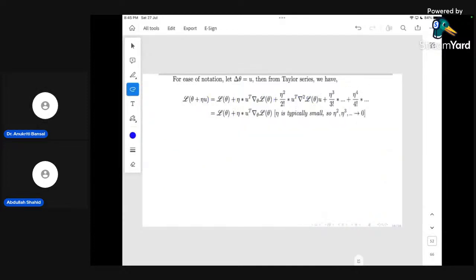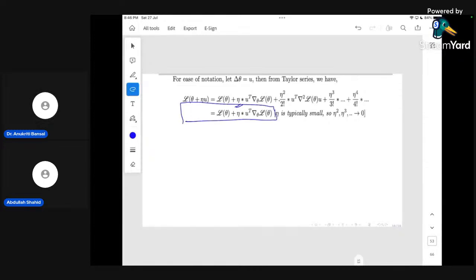So eta square, eta cube and so on will be very, very small, and what we generally do with these small values in mathematics is make them zero. We ignore them. So after this, we are only left with this particular part.